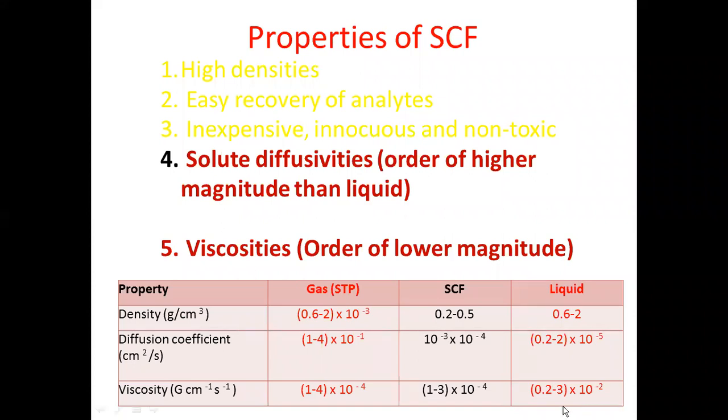They have viscosities of higher magnitude. When you take gaseous species, 1 into 10 power minus 4 to 4 into 10 power minus 4, somewhat larger than the supercritical fluids, where the viscosity of the supercritical fluid will be from 1 into 10 power minus 4 to 3 into 10 power minus 4.